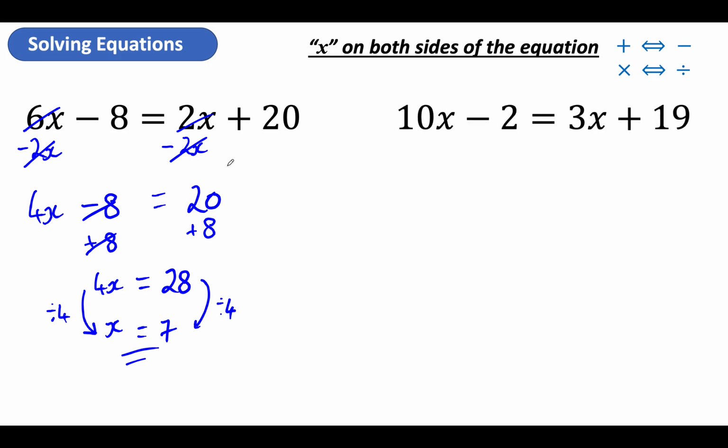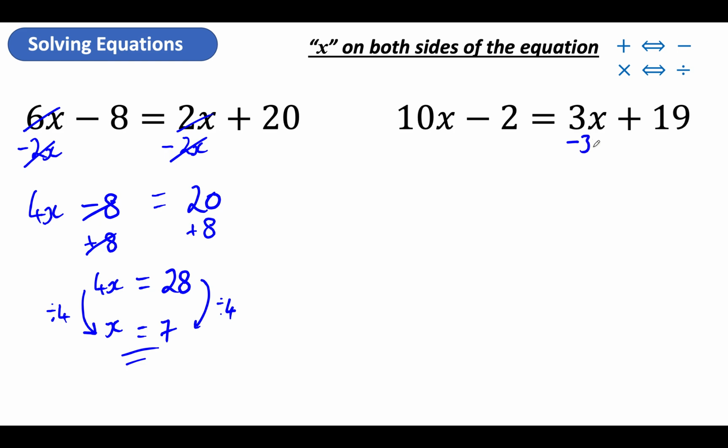Let's try another example. I've got 10x minus 2 equals 3x plus 19. The first thing to spot is that you've got the letter on both sides of the equal sign. Which side has got fewer? That's got 10, that's got 3, so they've both got at least 3.